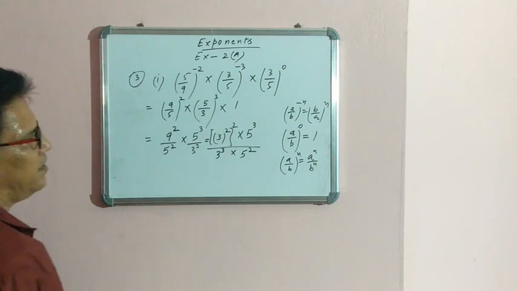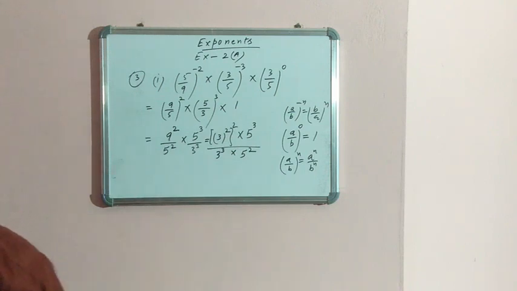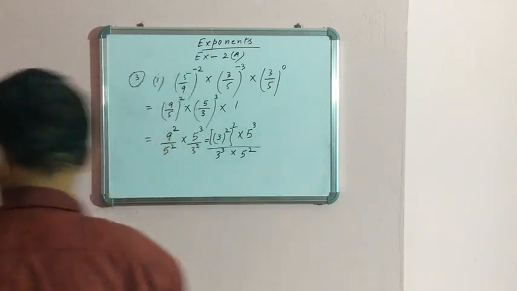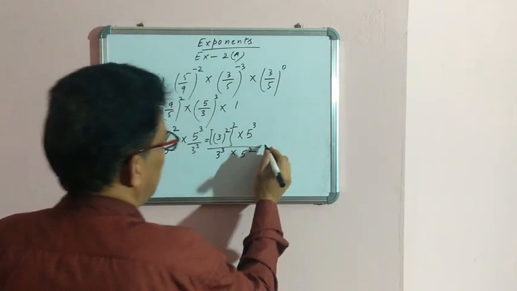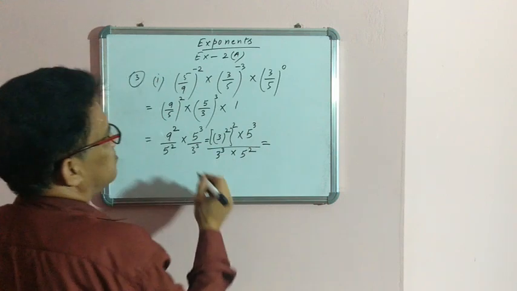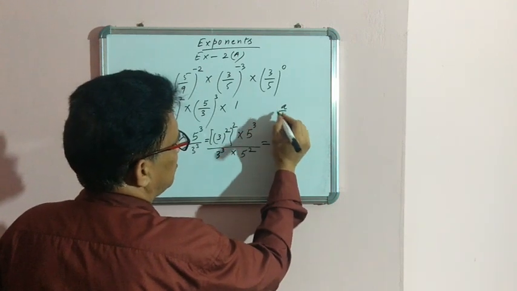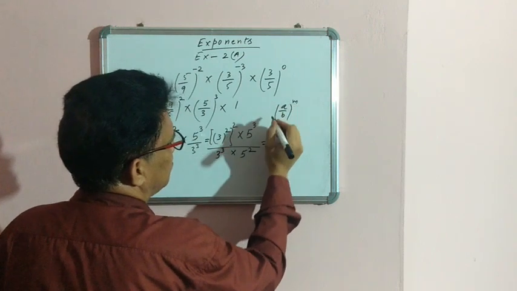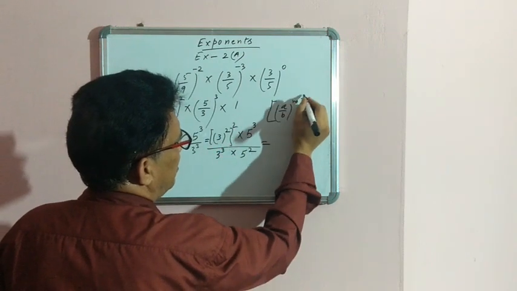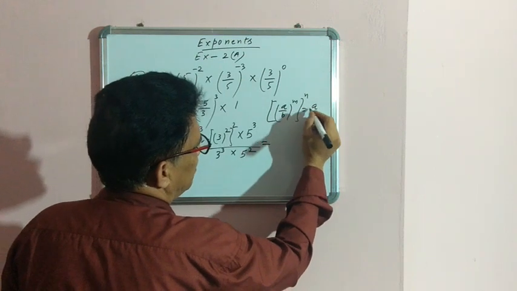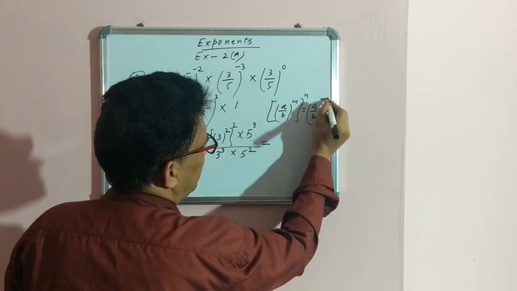Now what will happen? The law that we will use here is a by b power m, whole power n, then a by b power m into n.